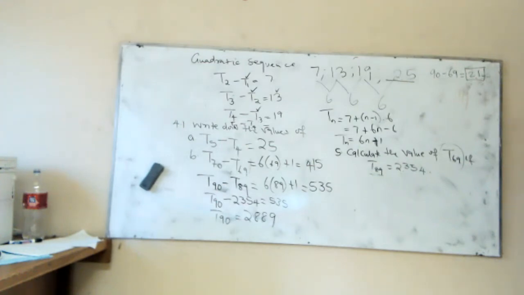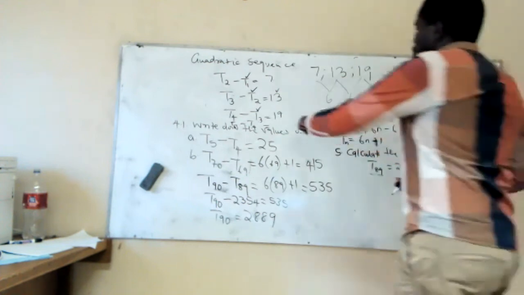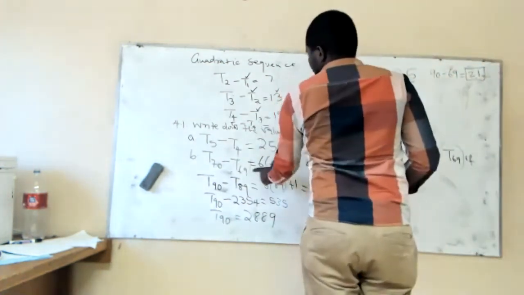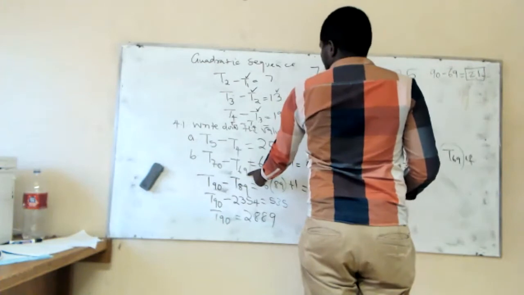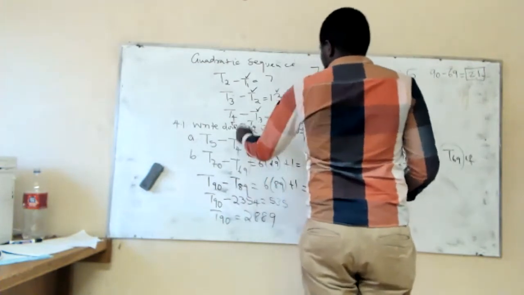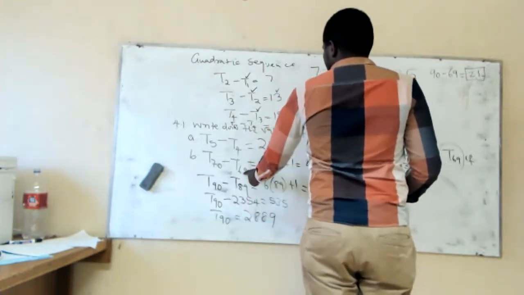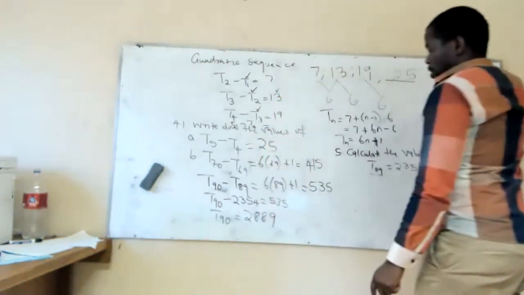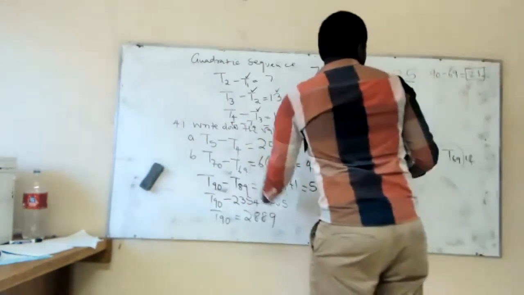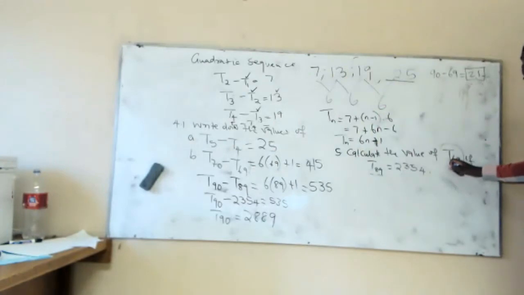So after having the 21, you can then establish from here up to that term, you must have this plus, because the main question is for us to get T69.